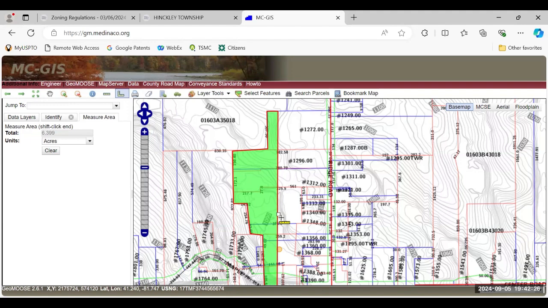So honestly, it makes me wonder, would there be any sort of ability for a person on one of these lots to put a home in the back and a business in the front in two separate structures? Would that be within the code? Would it be contradictory to the code?